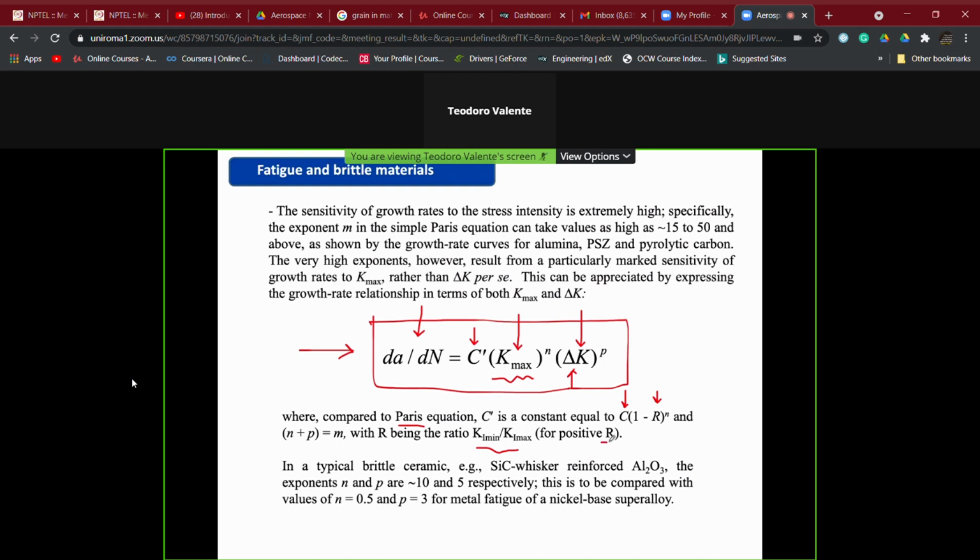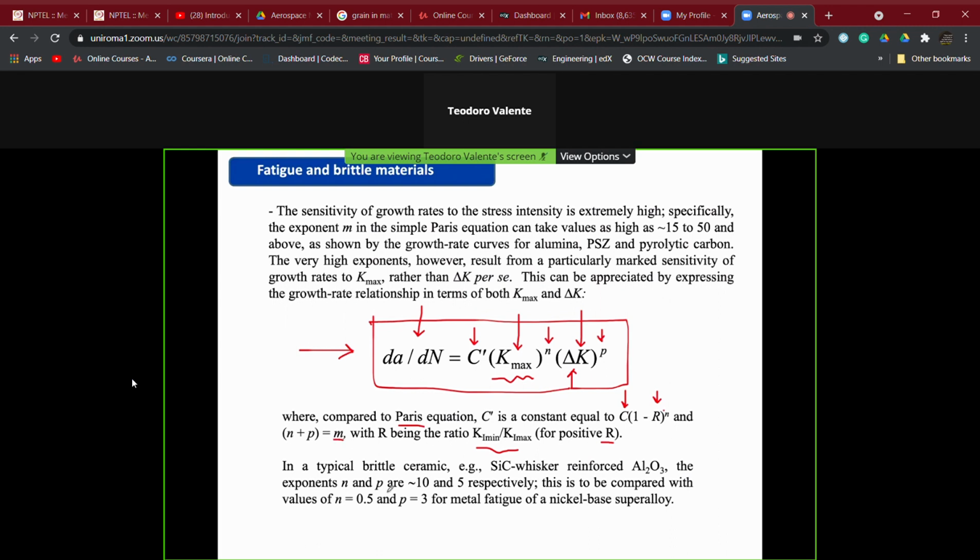This is for positive values of R, that means for tensile stress, with the exponent N, and the sum of these two exponents, N and P, is substantially equal to the M exponent which we have in the Paris law.